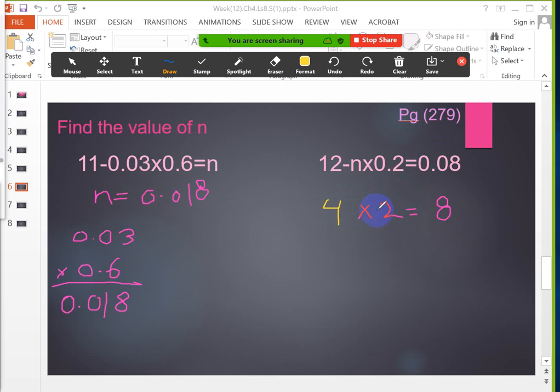If I have here 1 digit after the decimal point, and here I have 1 digit after the decimal point, okay? And in the product, how many digits after the decimal point? 2. So to make 2 digits after the decimal point in the answer, I have to put 2 digits in those numbers after the decimal point. Here I have only 1 after the decimal point.